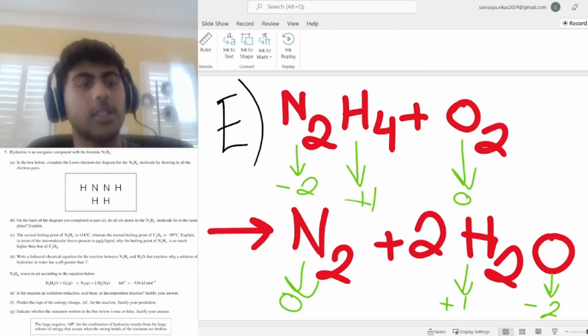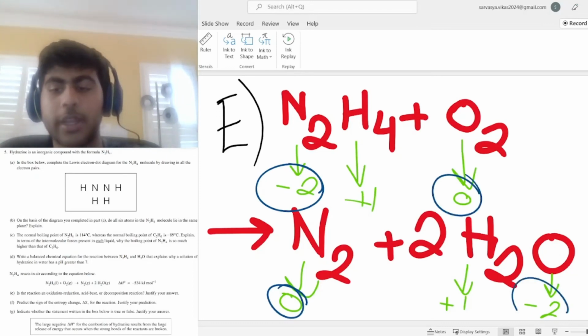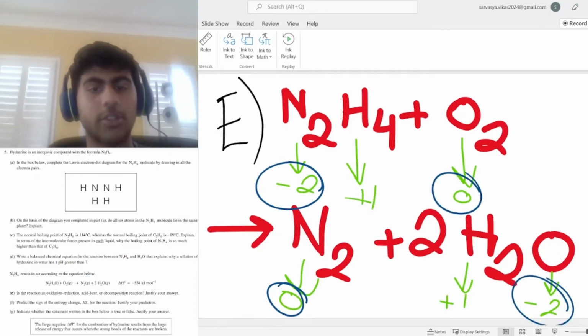So we do see that we have some changes. The N goes from -2 to 0, and the O goes from 0 to -2. So we do see changes in the oxidation numbers.